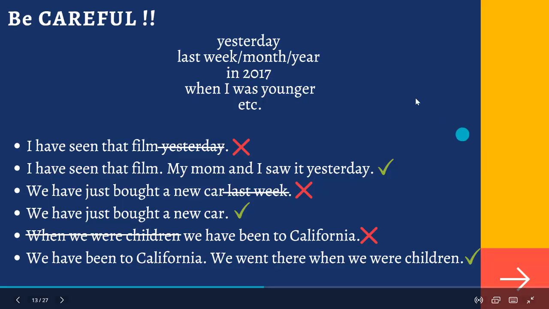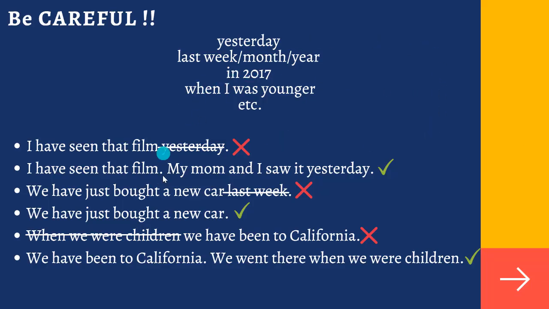Okay, be careful. With the present perfect tense, we always use the time adverbial for a present perfect tense because it happened in the past. We often use the time adverbial for a simple past, so we have to know the difference, that it's not the same.